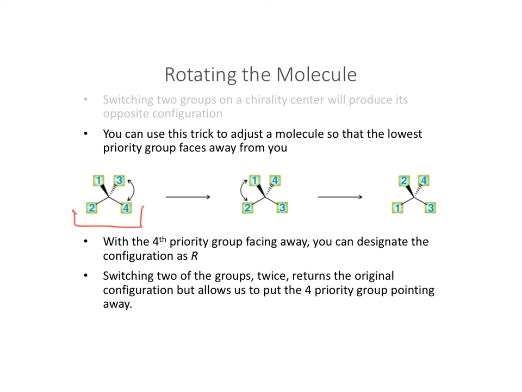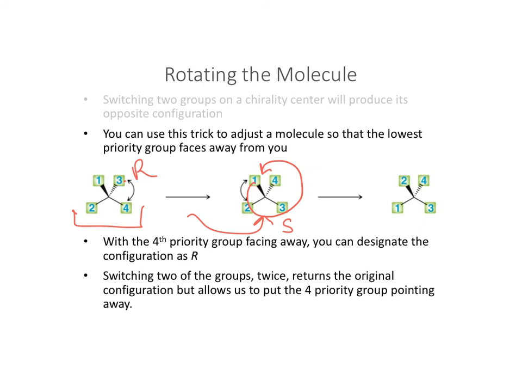So if I switch 3 and 4, then I would get to this molecule. Now I've switched 2 groups, so I will have the opposite configuration. So if I draw my circle now, 1 to 2 to 3, that looks like the S configuration. But the original molecule must have been the R configuration since I changed 2 groups.